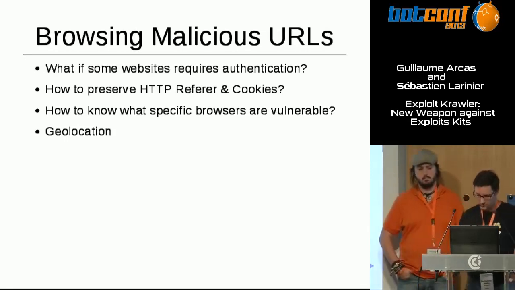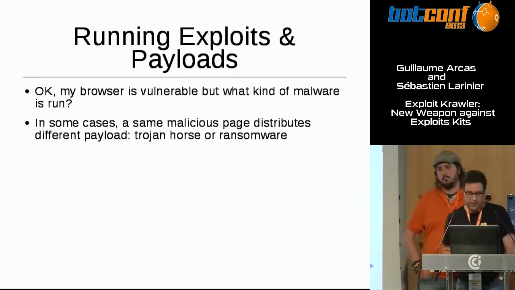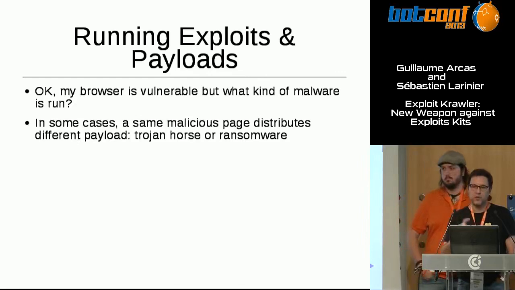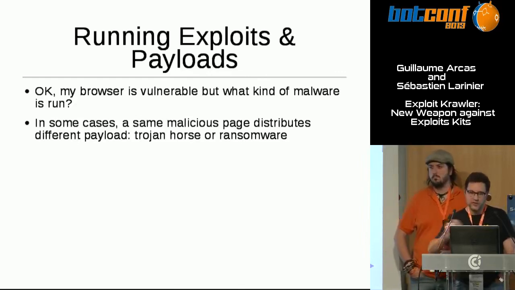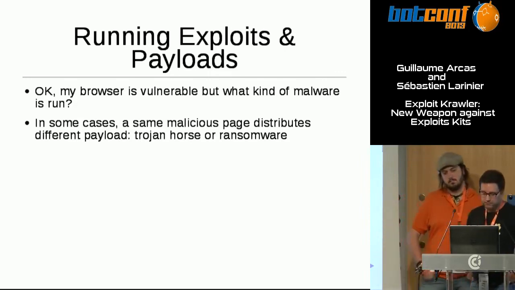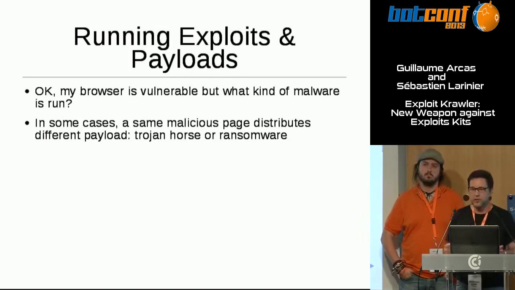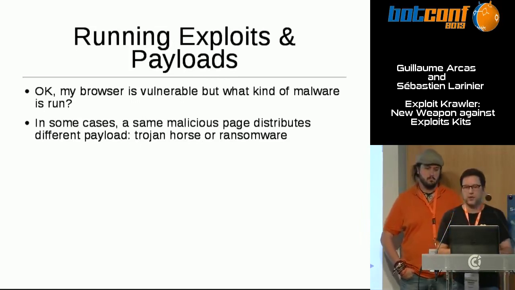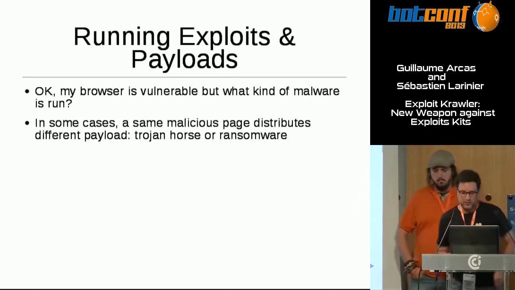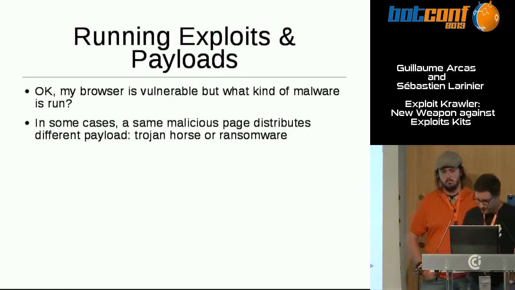Once we have that, we have to have a vulnerable browser, but we want to know what kind of malware is sent when exploited. In some cases, the same pages distribute different kinds of malware. For example, we can have a Trojan horse like this, or just a rogue antivirus asking to send some money to the Gendarmerie Nationale, for example.